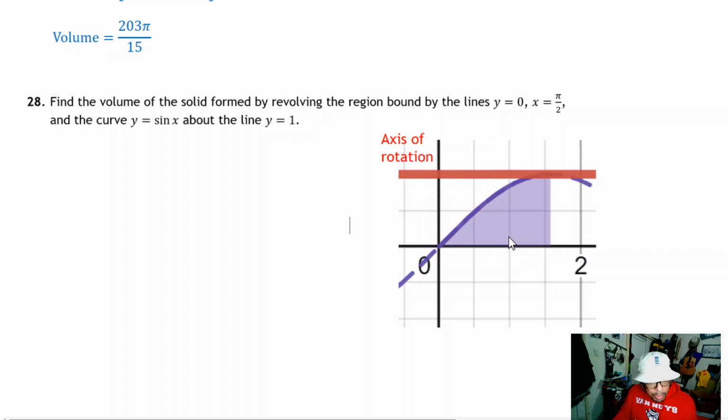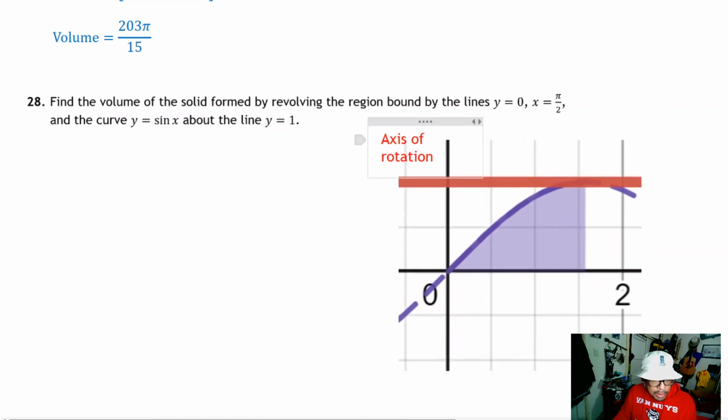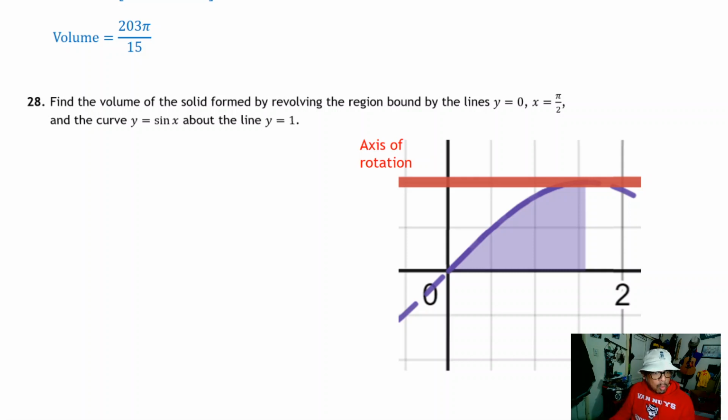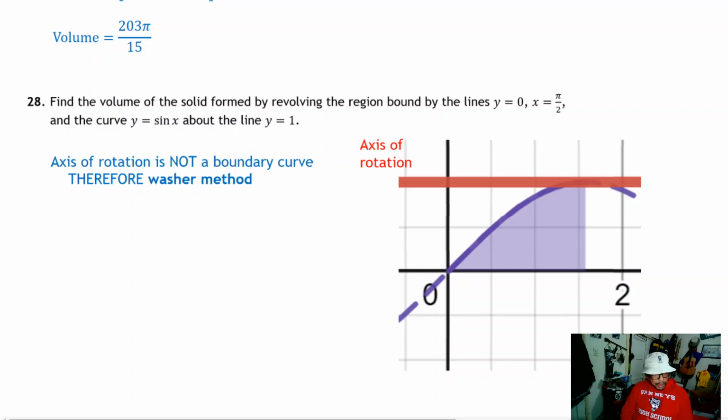So I'm going to notice that the axis of rotation is not a boundary curve for that region. So this means I'm going to have a washer method. Now for the washer method, we're going to look for two radii, an outer radius and an inner radius.